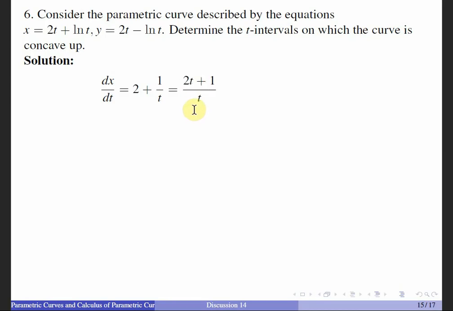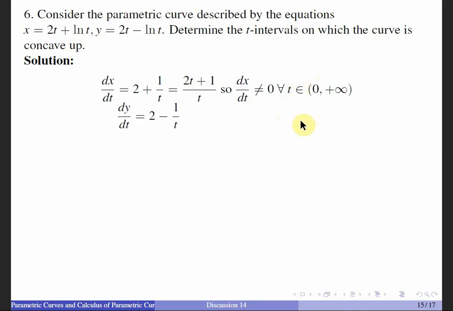Let's rewrite everything in one fraction. That's 2t plus 1 over t. This becomes 0 when 2t plus 1 is equal to 0, so that's when t is equal to negative 1/2. But since we're going to restrict t to positive real numbers, dx over dt cannot be equal to 0 for all the valid values for t.